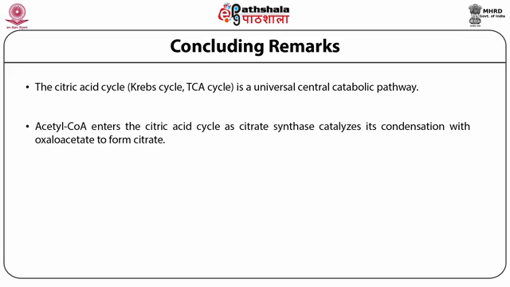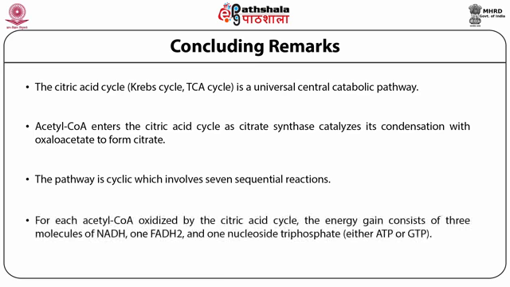In 7 sequential reactions, including 2 decarboxylation reactions, the citric acid cycle converts citrate to oxaloacetate and releases 2 carbon dioxide. The pathway is cyclic in that the intermediates of the cycle are not used up. For each oxaloacetate consumed in the path, one is produced.